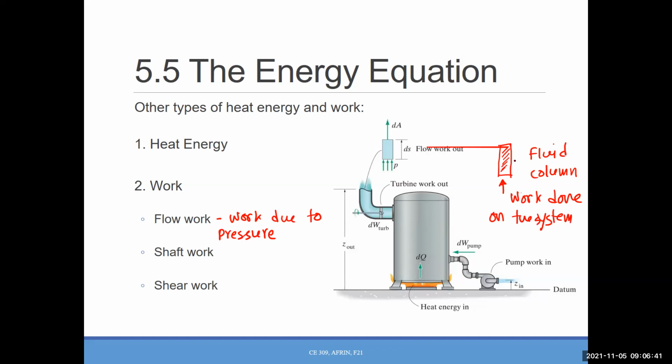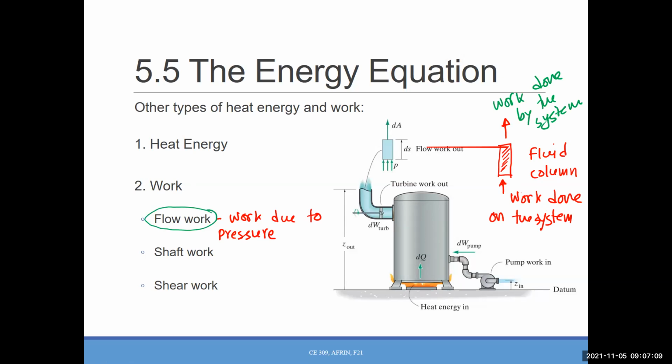And when that fluid is going out of this fluid column, that is work done by the system because the system is pushing the fluid out of the fluid column. So there are two things, work done on the system and work done by the system, and all of these are included in this flow work, okay?